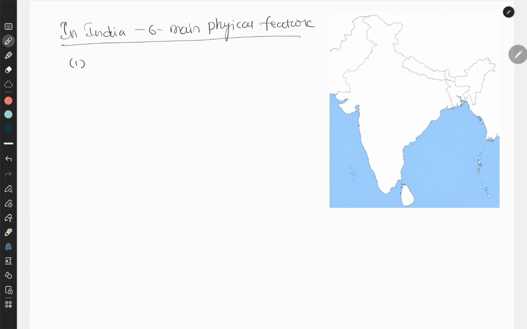What are they? The first one is the Himalayan ranges, the Himalayas. The second one is the Gangetic plains. The third one is the Peninsular Plateaus.